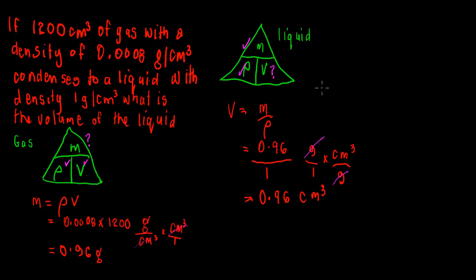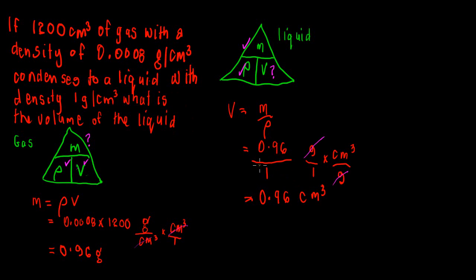Now let's have a look at the liquid and draw up another triangle. Obviously the liquid will have the same mass as the gas, and we know the density of the liquid, 1 gram per cubic centimetre, because we were given that. So that just leaves the volume to find out, which, funnily enough, is what they asked for in the question. So the volume equals M over P, just by putting your finger over the volume. Let's fill in the formula: 0.96 grams over 1 gram per cubic centimetre.